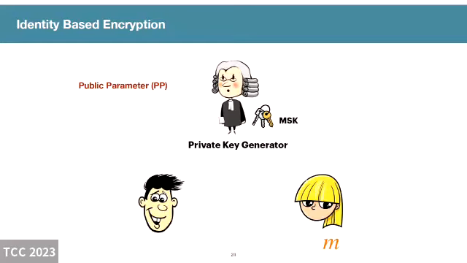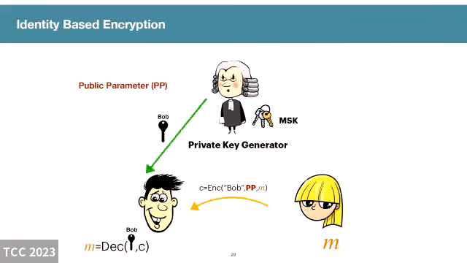Now if Alice wants to send Bob a message, she can easily encrypt the message under Bob's identity, which could be his name, email, or something like that, and the public parameter, and send that to Bob. When Bob wants to decrypt it, he should in some way prove his identity to the private key generator, who will then issue a secret key for Bob, and then Bob can use the secret key to decrypt the ciphertext and retrieve Alice's message.